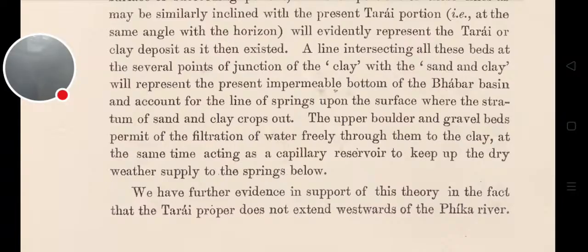A line intersecting all these beds at the several points of junction of the clay with the sand and clay will represent the present impermeable bottom of the Babar Basin and account for the line of springs upon the surface where the stratum of sand and clay crops out.